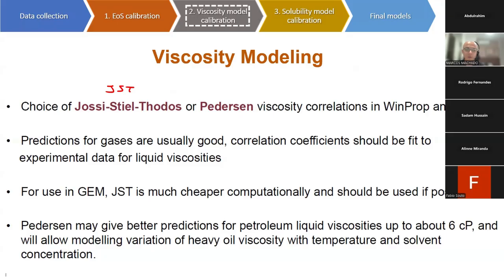So if you are working with heavy oil for gas miscible flooding or for steam flooding, probably your model will be better captured using the Pedersen correlation. Heavy oil was the main motivation for Dr. Pedersen to develop the famous correlation.